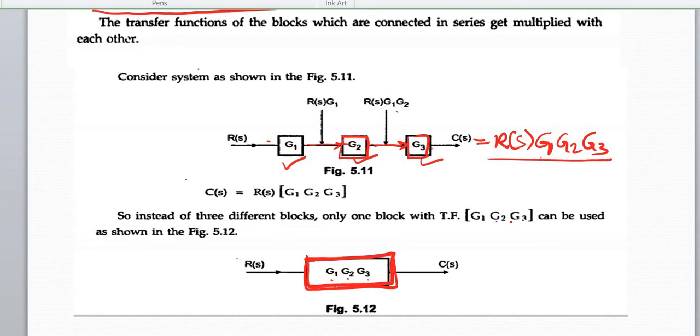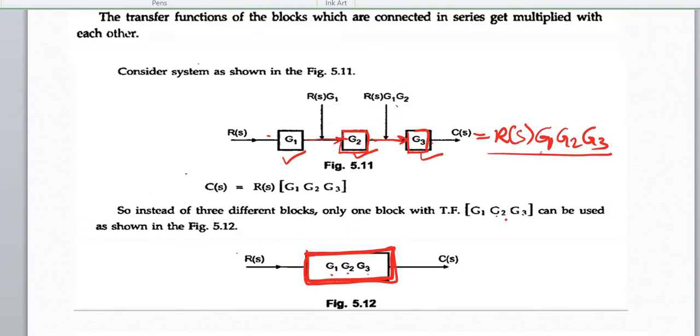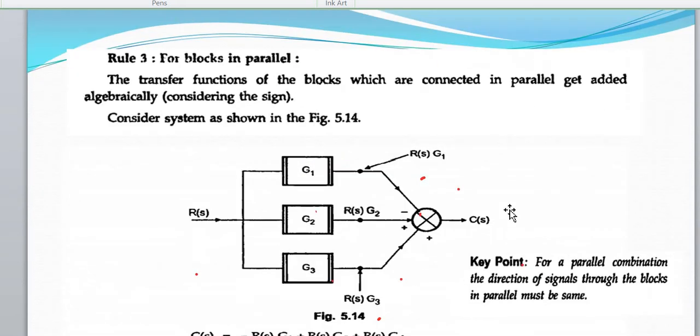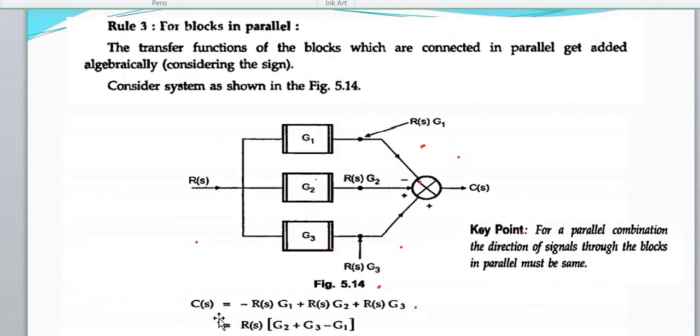The only thing we have to remember is that in between these blocks, there should not be any takeoff point or summing point. Okay, that is the key point. If there is a takeoff point or a summing point in between, the blocks cannot be said to be in series. Okay, that is rule number 2.